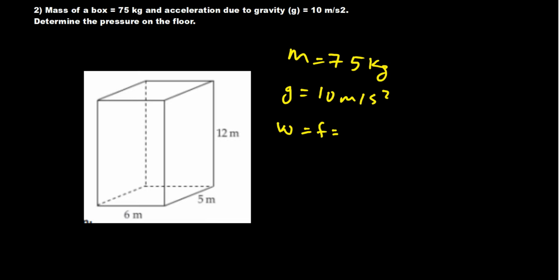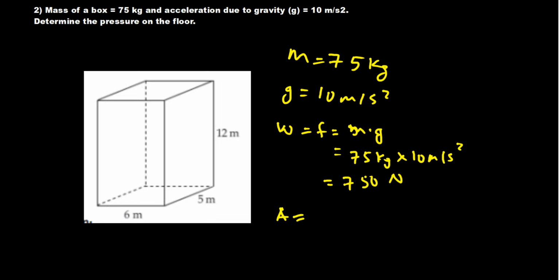So weight here, which will be equal to force, will be equal to mass times acceleration due to gravity, which is 75 kilogram times 10 meter per second square, which will be equal to 750 Newton.